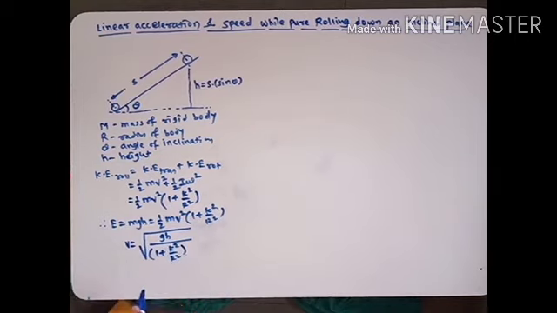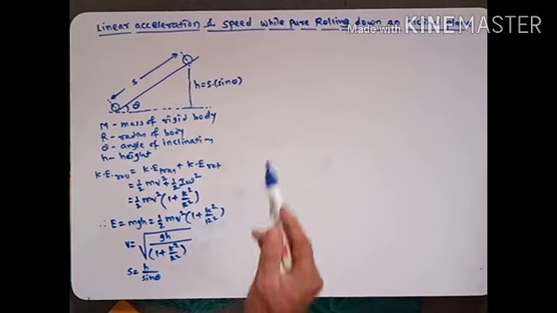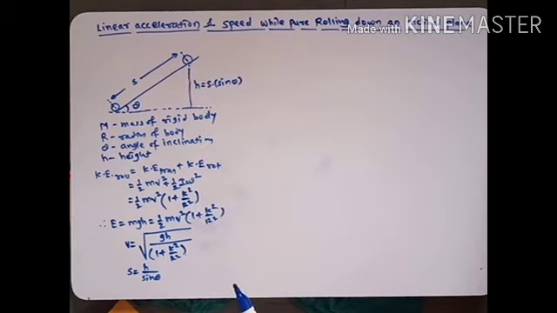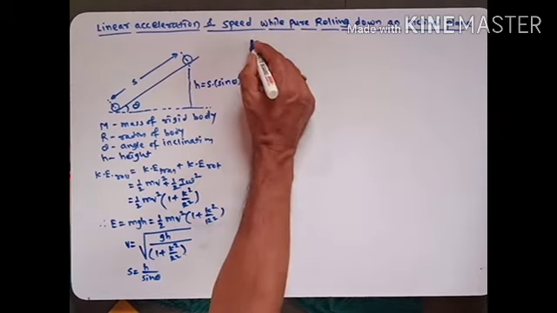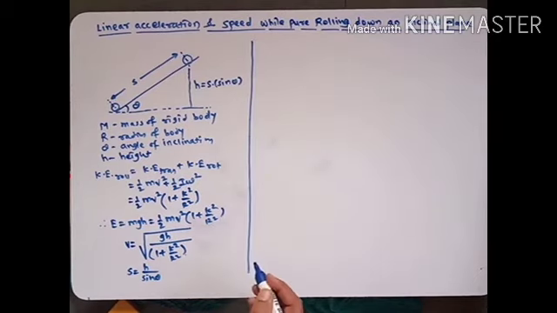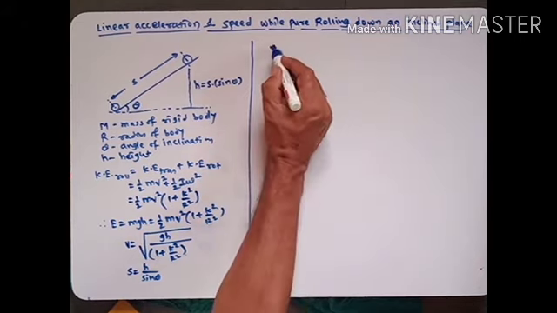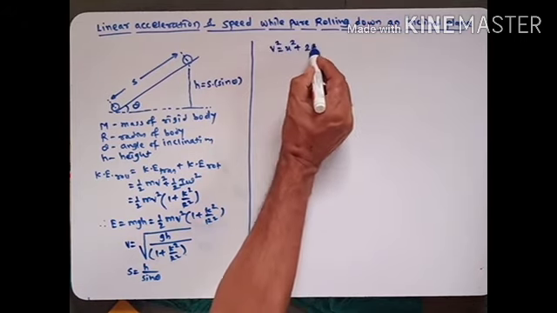The linear distance traveled along the plane is S, and S is equal to h upon sine theta. During this distance the linear velocity has increased from 0 to v. At this point the linear velocity is 0, and at this point it becomes v. Now let a be the linear acceleration along the plane. You know the kinematic equation v square is equal to u square plus twice as.